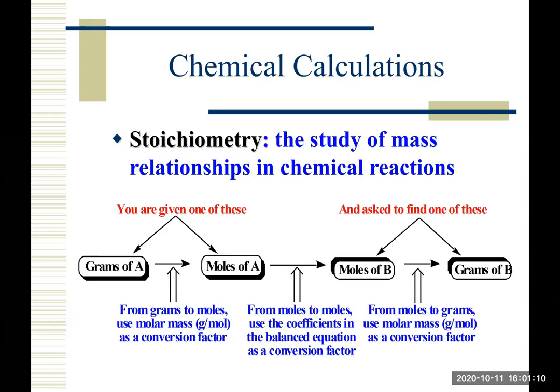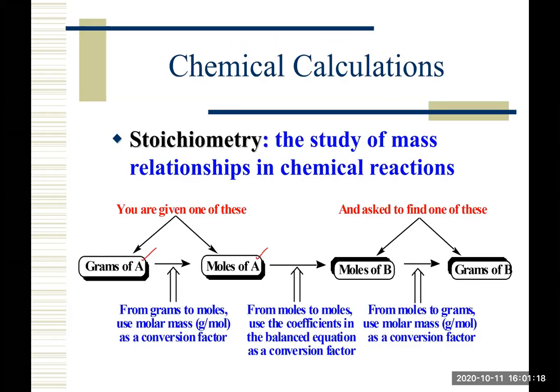You know already that if we want to go from grams of A to moles of A, we're going to use molar mass, because molar mass includes both of those units, grams and moles. Similarly, if we wanted to go from moles of A back to grams of A, we would use molar mass.